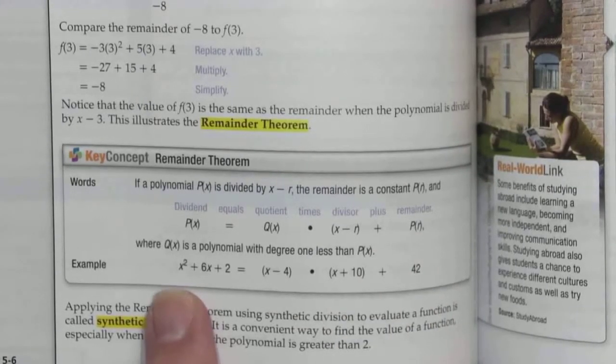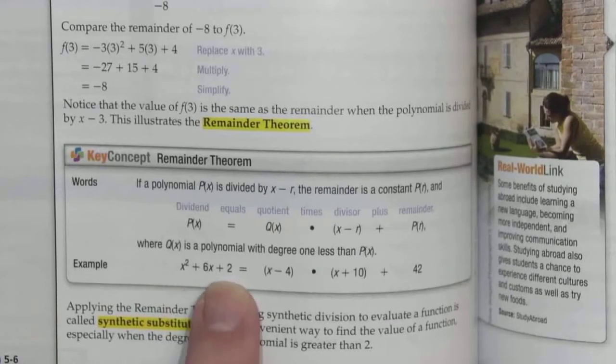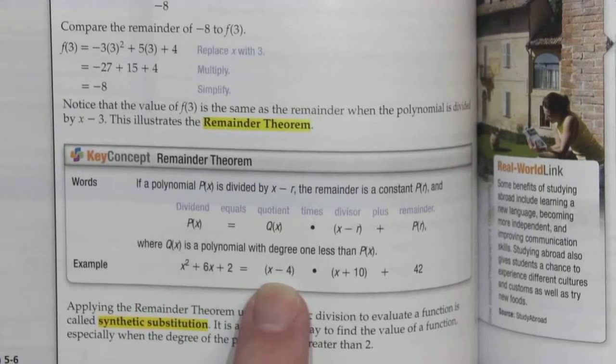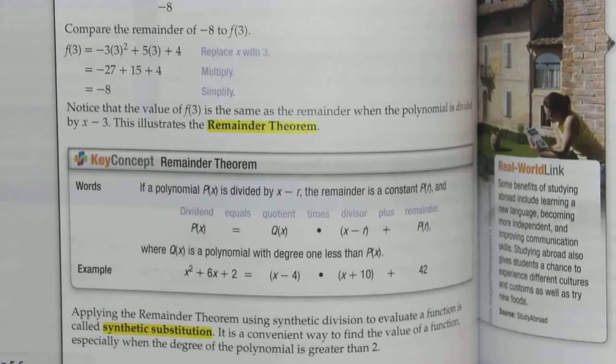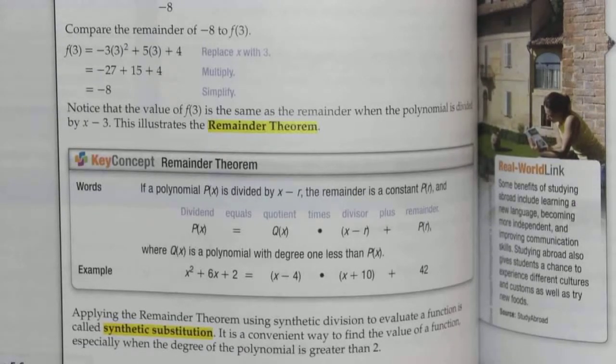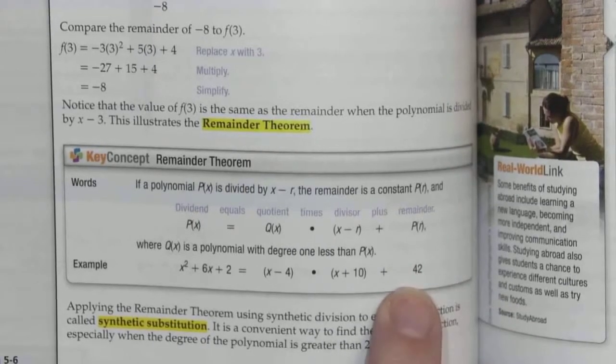Okay? All right, so in this case, x squared plus 6x plus 2 would equal what you're dividing by, x minus 4, times what the quotient would be of that, plus your remainder. But your remainder is going to be your y value.